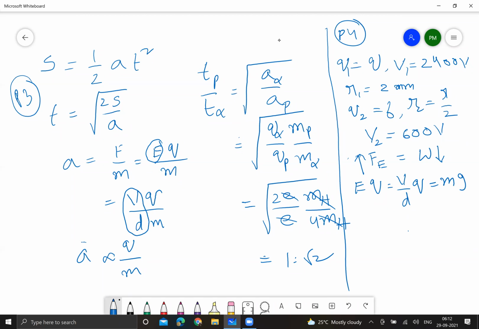That is Q is equal to D by V into 4 by 3 pi r cube rho g, rho for density, V for volume, because mass is equal to volume into density. So they're all constants.